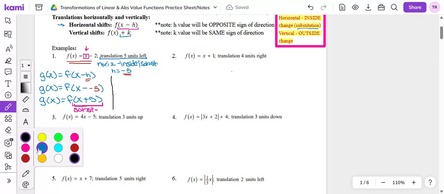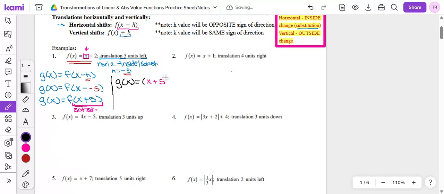So again, blue is my thought. Now I'm getting into the actual work of it. I'm going to make a new function, g of x, by taking the old function, which was x minus 2, and anywhere I see an x, I'm going to replace it with this x plus 5 that I just thought my way through.